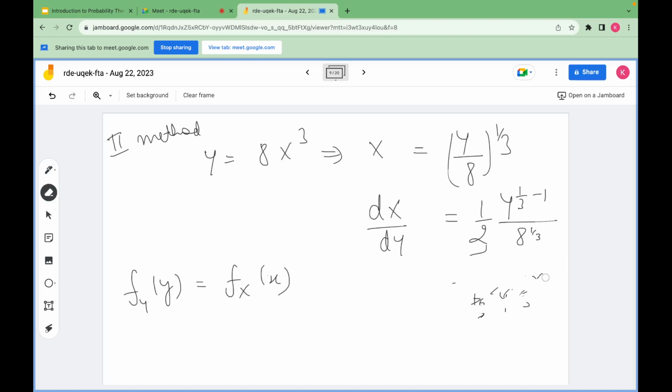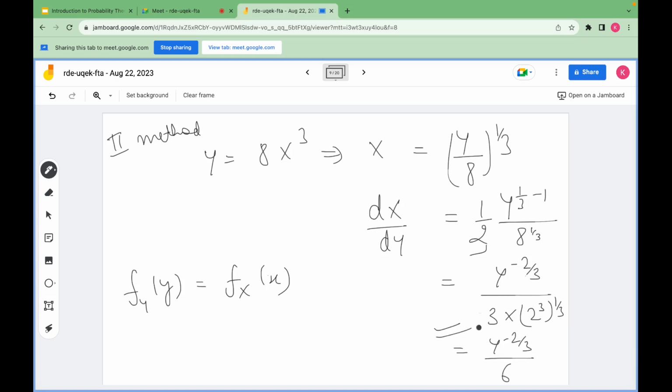So I will write it again. y to the power minus 2 by 3 divided by 6.